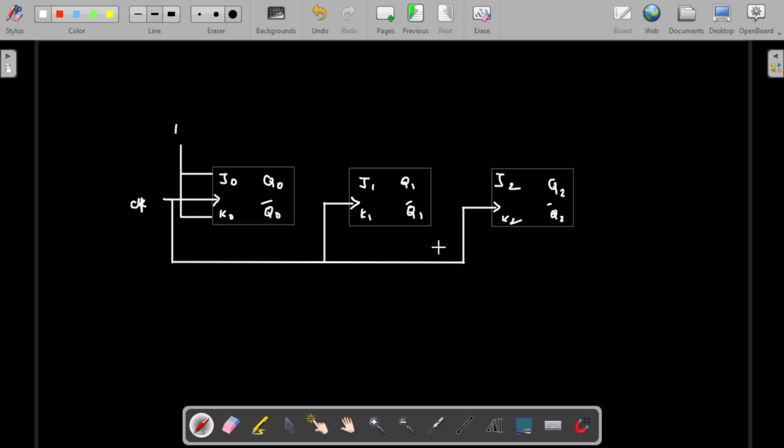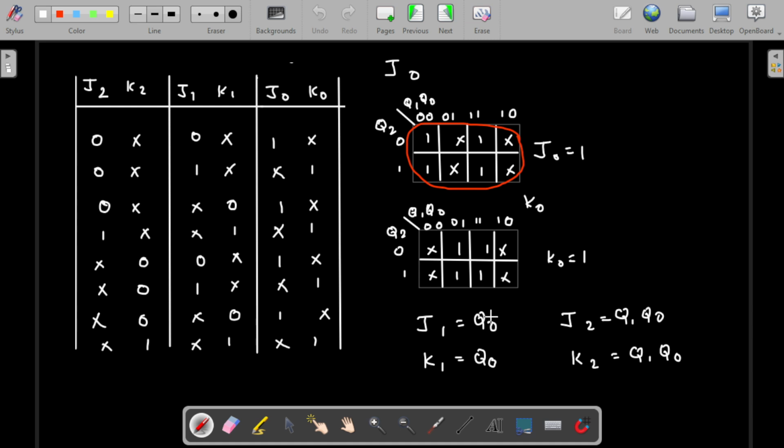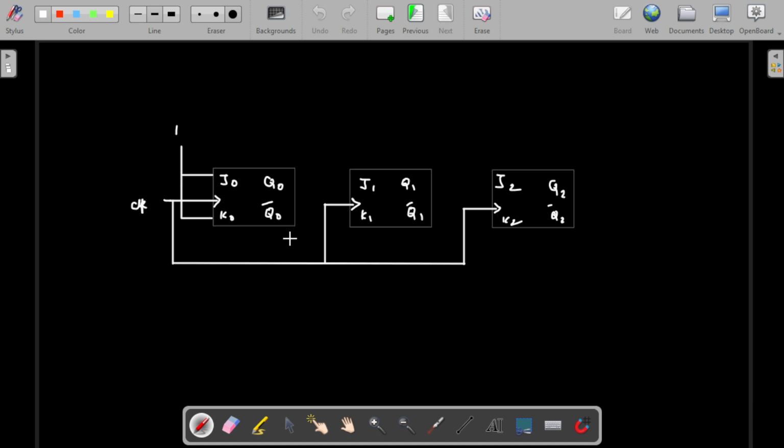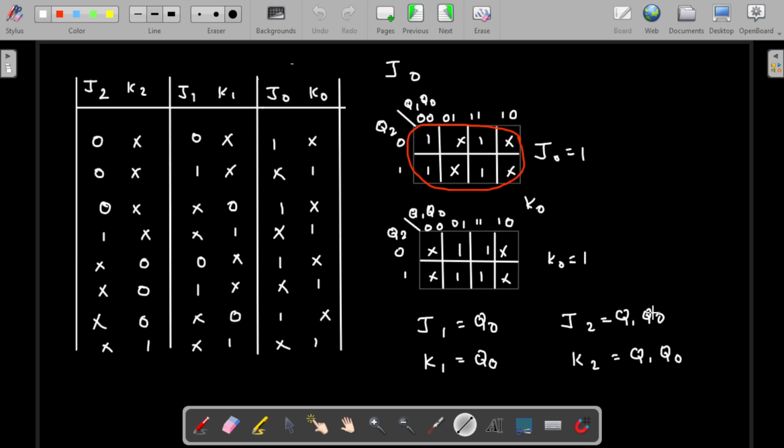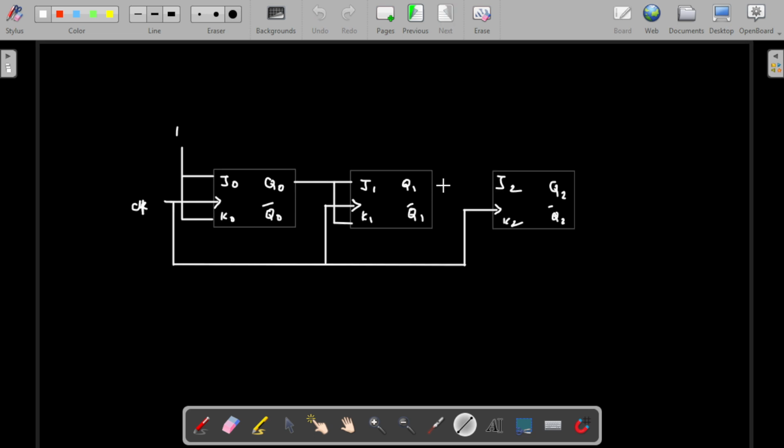Okay. So what will be the equation for J1? J1 is Q0 and K1 is also Q0. So the output is taken directly from here and wired to both. Okay, so this is the same. So what will be the equation for J2? J2 is Q1 Q0, the AND of Q0 and Q1.